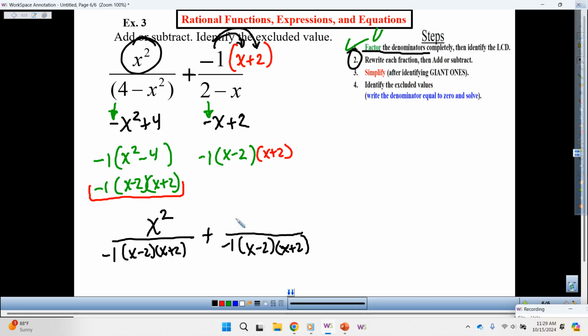Joseph, go. Which is? Negative 1x. Negative 2. All right. Now we just add. Okay, let's add.